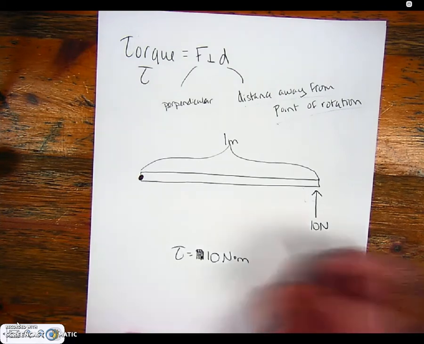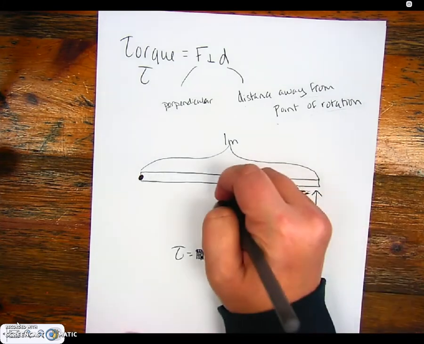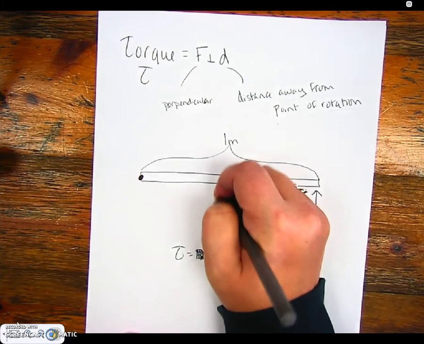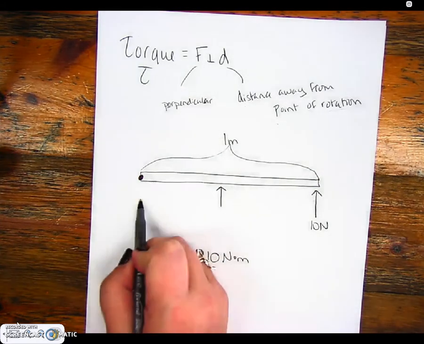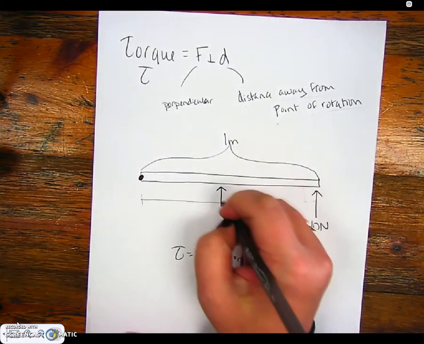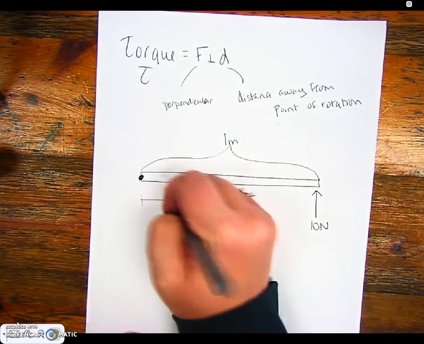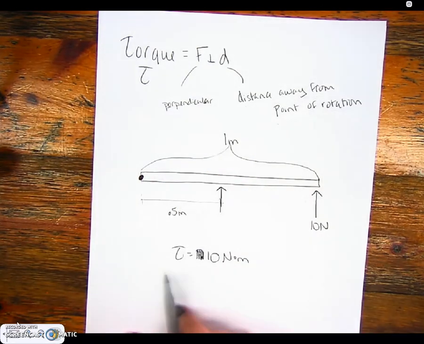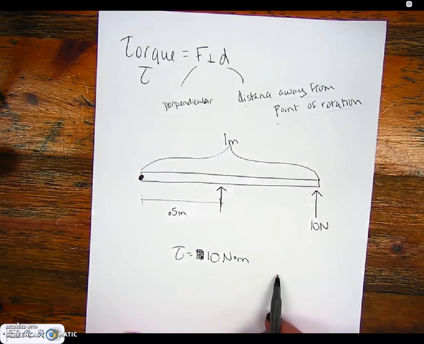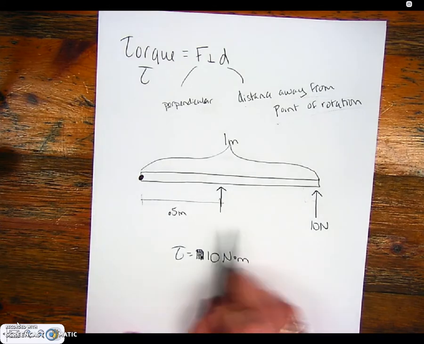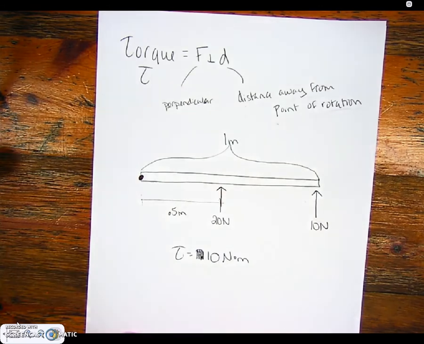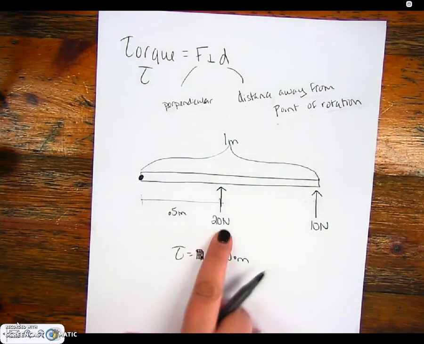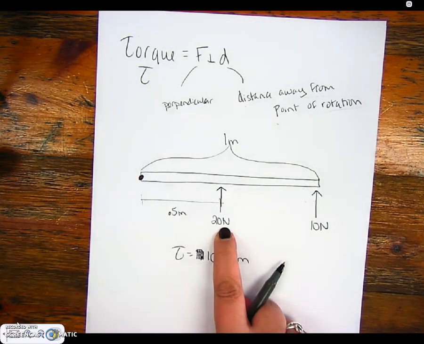All right, so let's say then I wanted to apply the same amount of torque, but instead of pushing the door on the very end, let's say that I applied the force here, right in the center of the door. Right? So the distance now from the point of rotation would be just half of a meter. So to get the same 10 newton meters of torque, I would have to apply a force of 20 newtons right here, so that the torque would be 0.5 times 20, which is 10 newton meters.